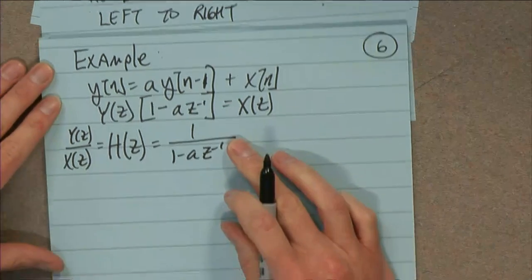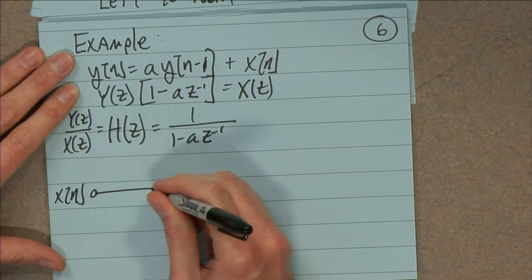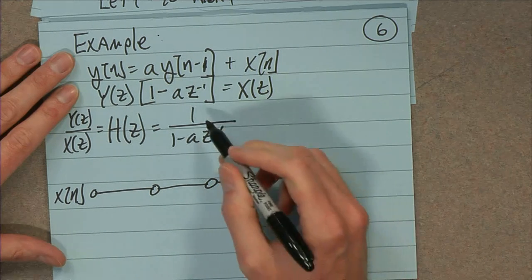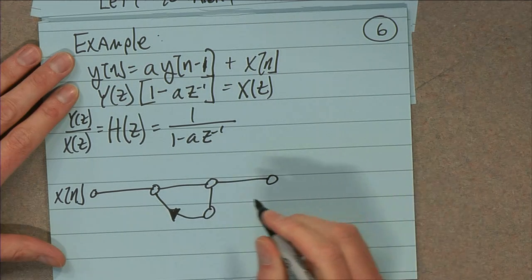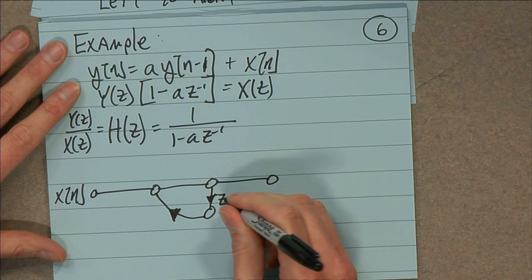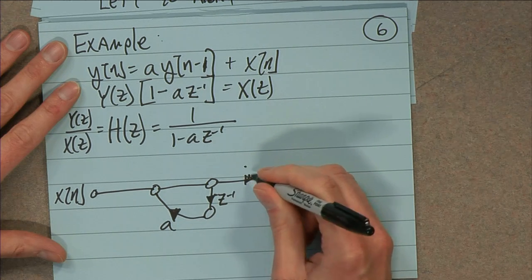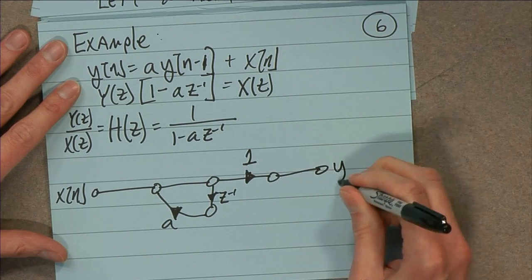So now we've got what we want to do our standard second order section, but now it's really a first order section, and its direct form looks like this: z inverse, a, that's a 1 because b0 is 1, and we're done.